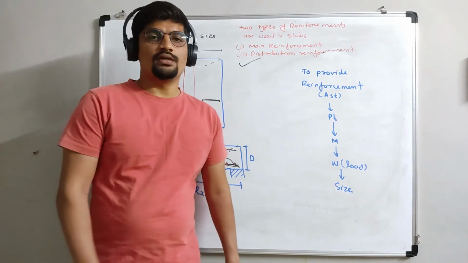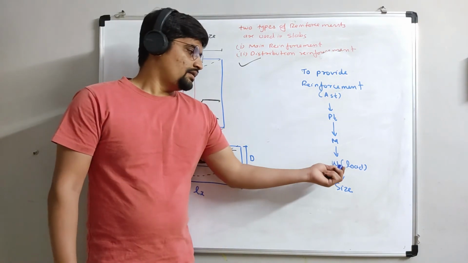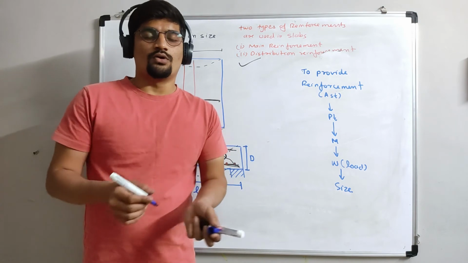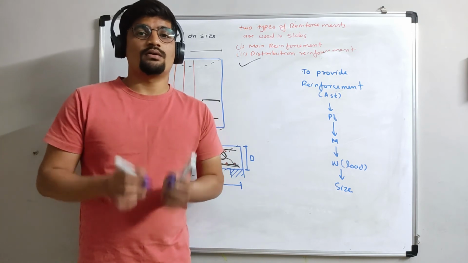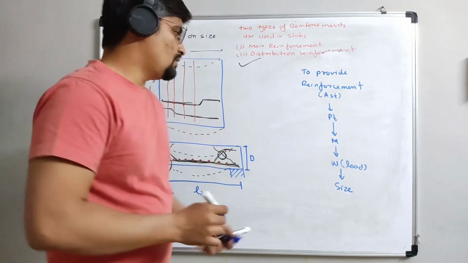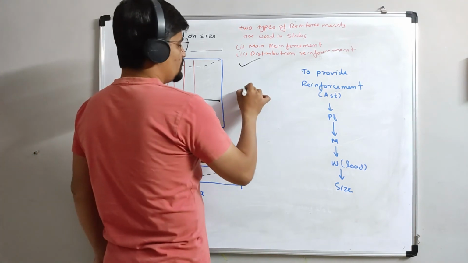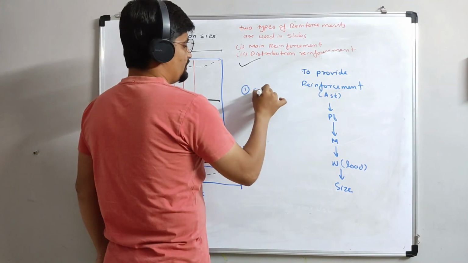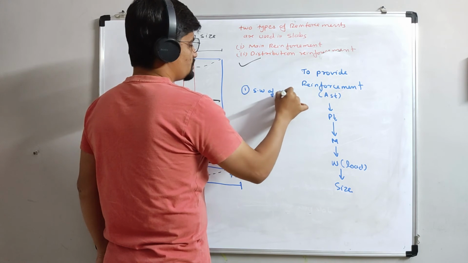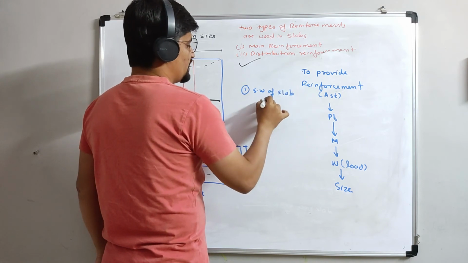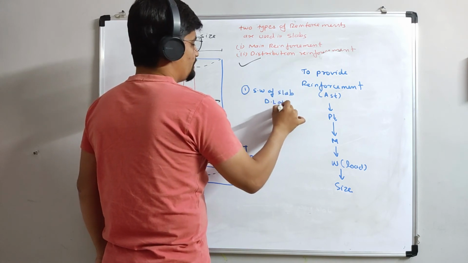So first of all we need to find which types of loads are occurring on the slab. The first one is obviously the self weight of the slab. It means the dead load of the slab.